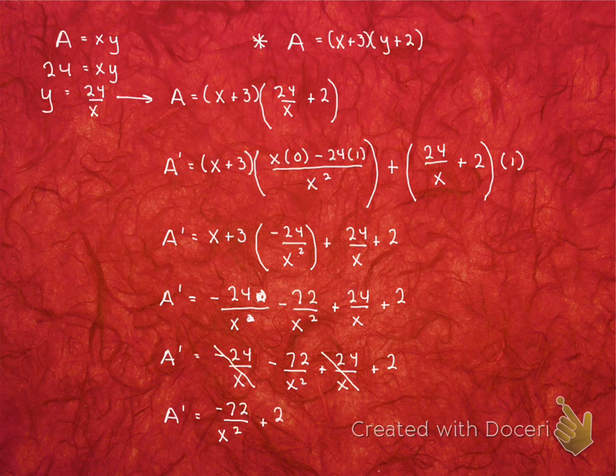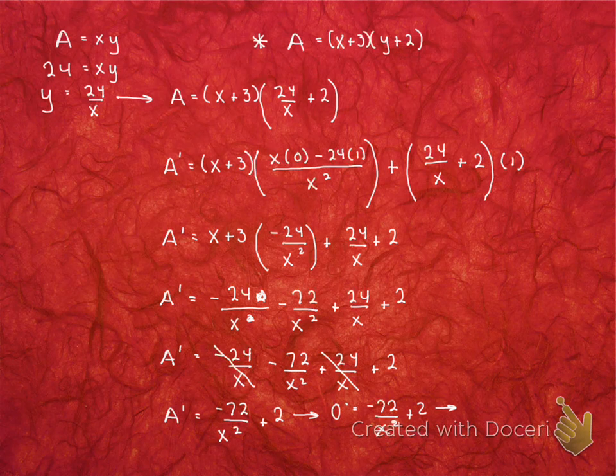Now we'll set that equal to 0 and solve for the critical numbers. So 0 is equal to negative 72 over x squared plus 2.